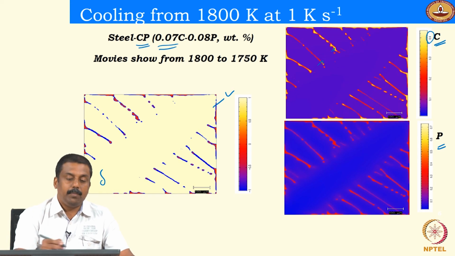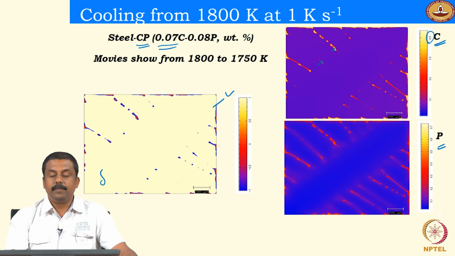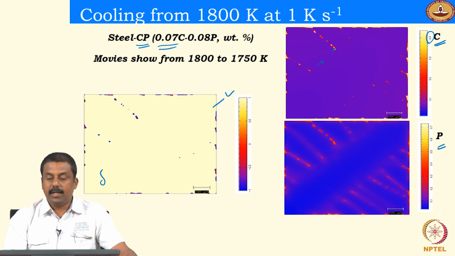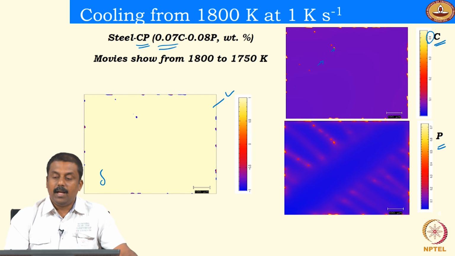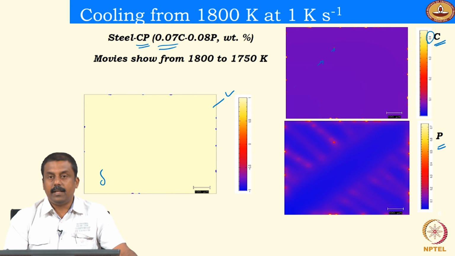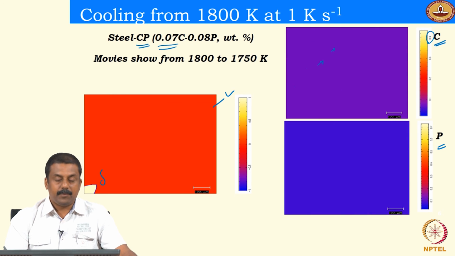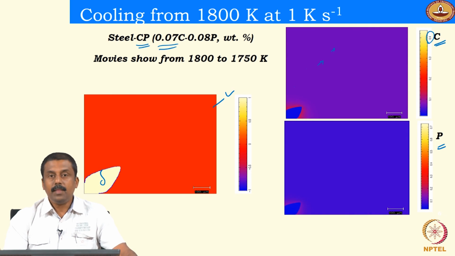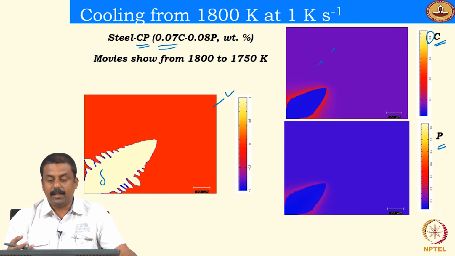So even though you have a bulk carbon concentration of 0.07, because of the carbon partitioning during solidification, this leads to a severe enrichment of carbon atoms in the unsolidified liquid, and thereby the grain boundaries, dendritic boundaries in this case, get embrittled.